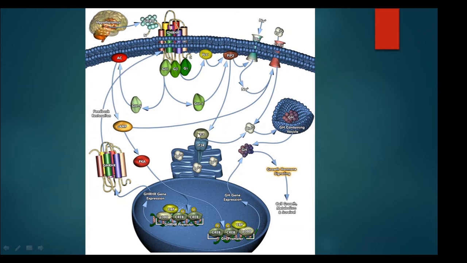Right. The second process is regarding the G protein coupled receptor. The gamma beta subunit activates phospholipase C, and the phospholipase C cleaves phosphatidylinositol diphosphate into inositol triphosphate and diacylglycerol.